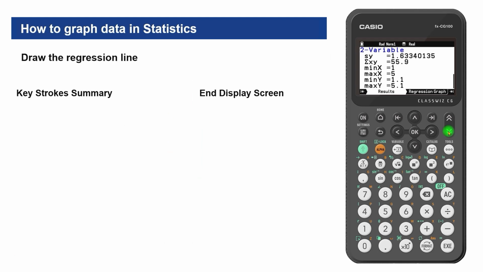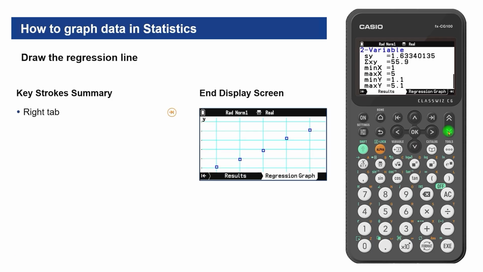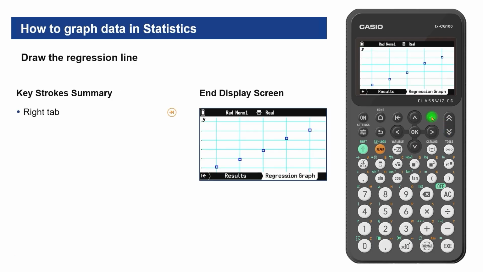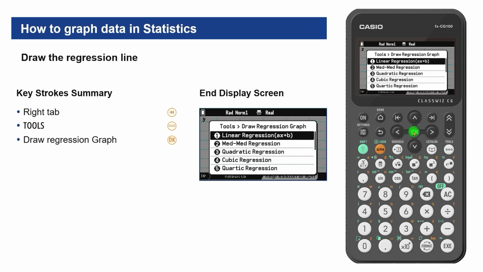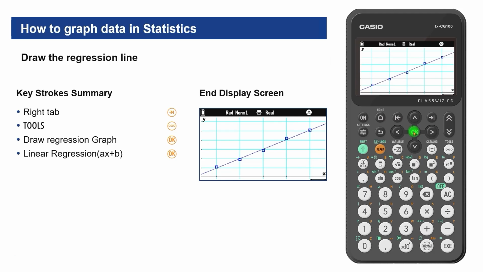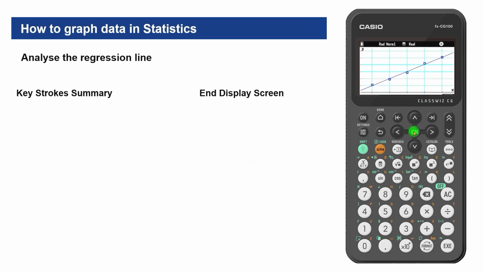To investigate further, we can draw the regression line as well as the data. Right tab to the graph, and press Tools. Then select Draw Regression Graph, and Linear Regression to draw the line and the data on the same graph. Both the line and data points can now be analyzed.